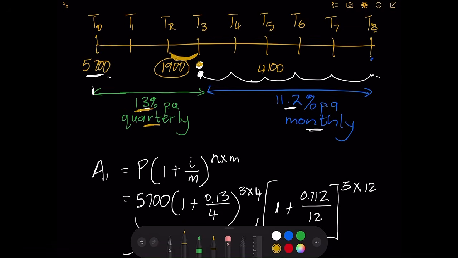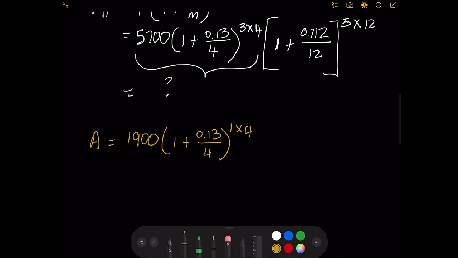Now the accumulated amount for the 1,900 becomes the principal amount at year 3, and now it begins to compound interest at 11.2% per annum, but this time on a monthly basis, right? So that amount becomes the principal amount for the next compounding period.